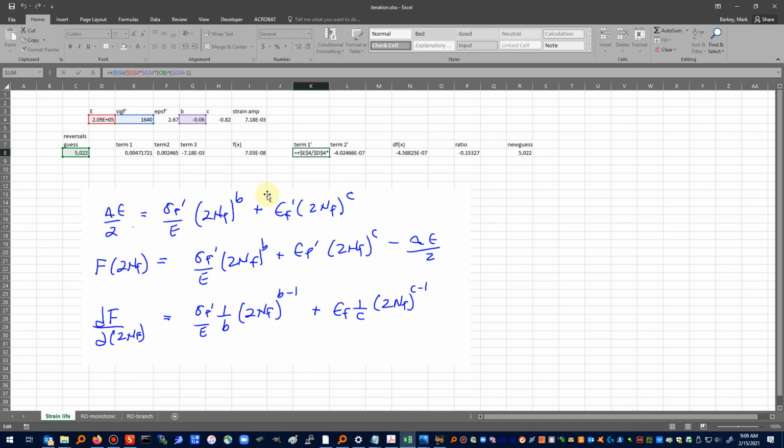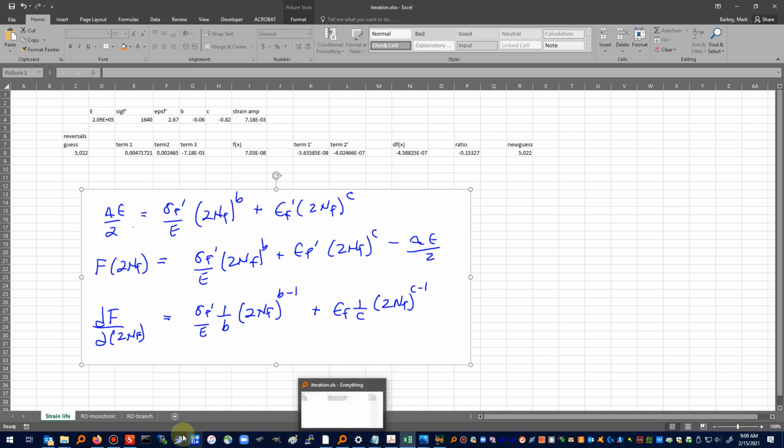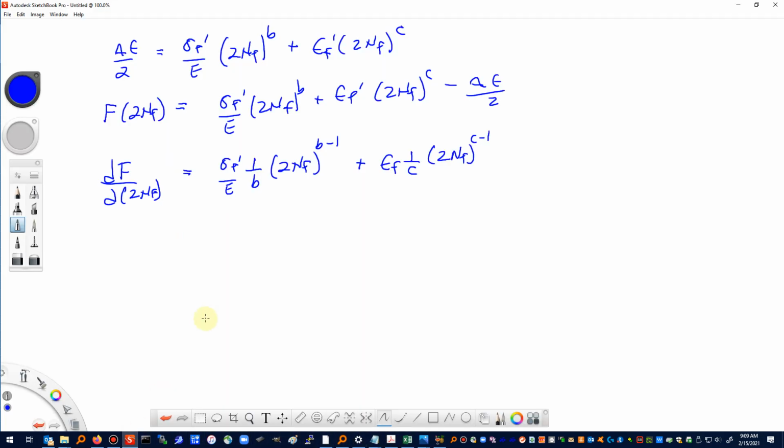I got carried away with my previous analysis. I need to fix this. Let me go back to this page. I said keep an eye on my derivative here. So this should be a b, and this should be a c. Let's recapture this.